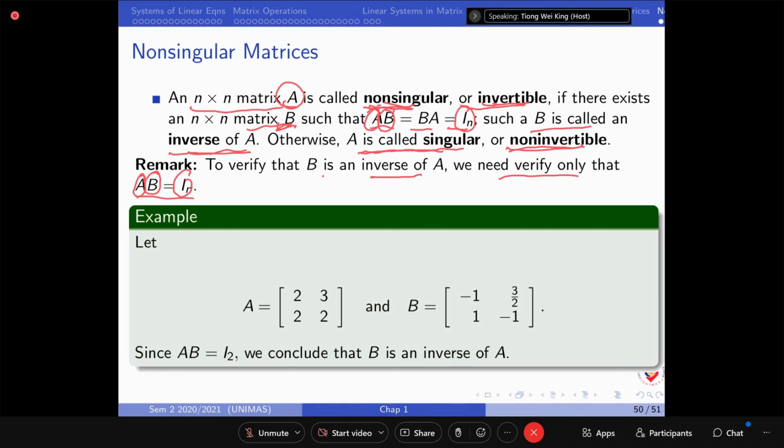Now, for example, here given matrix A and matrix B, if you do matrix multiplication AB, 2 times -1 is -2, and then plus 3 times 1 is 3. And then 2 times this, you get 3.